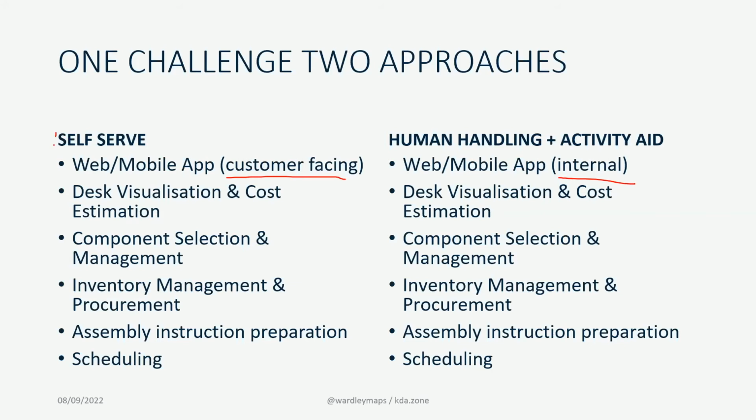So if you do self-serving and or human handling and an activity aid, the only difference that you will get is perhaps user interface. One is customer facing, one is an internal application, and everything else has to be the same. If you need to visualize desk, it doesn't matter whether you are doing it by yourself or whether somebody is doing it for you. There might be some differences in terms of the flow.